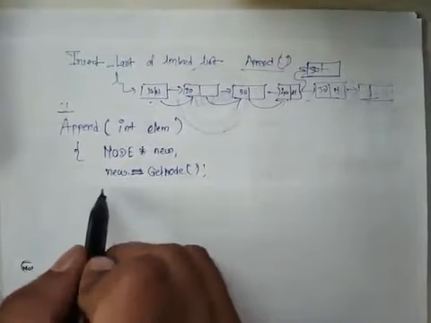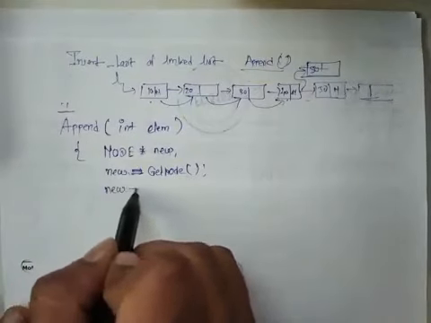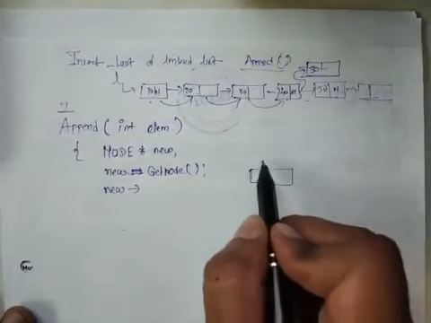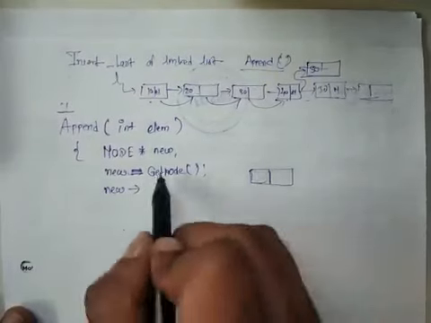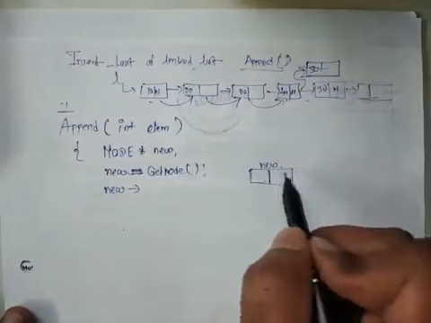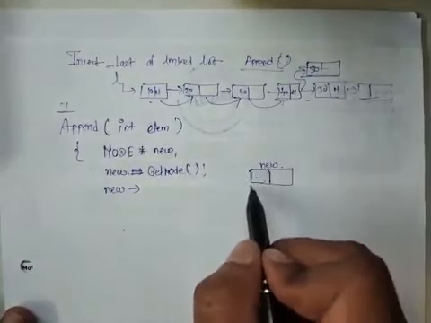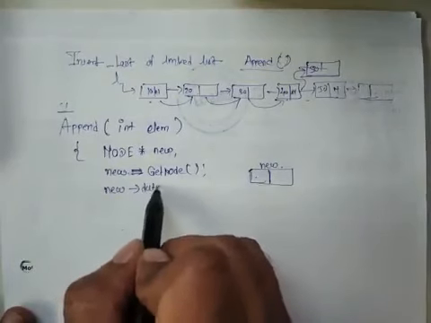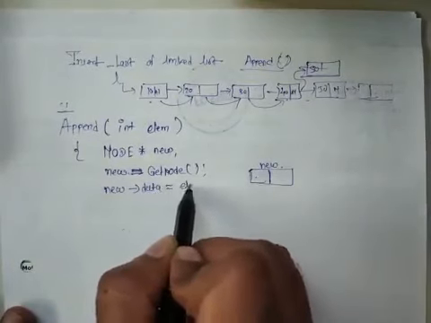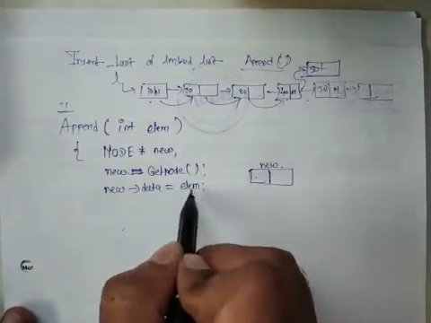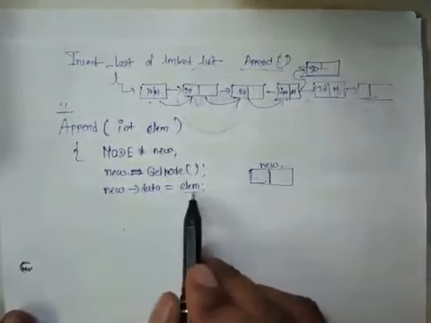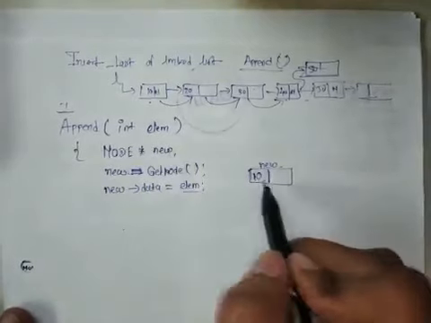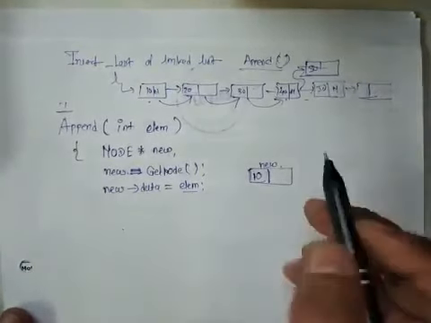Then new of data: whatever new memory is allocated by the get node function, we assign to new. New of data is equal to element, so whatever value is held in the variable element will be inserted in the data field. Suppose I insert 10 in new of data.